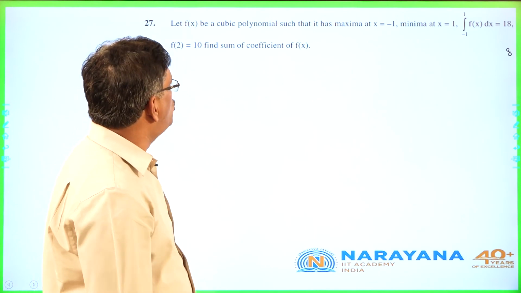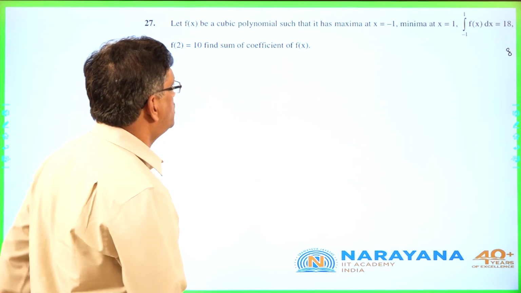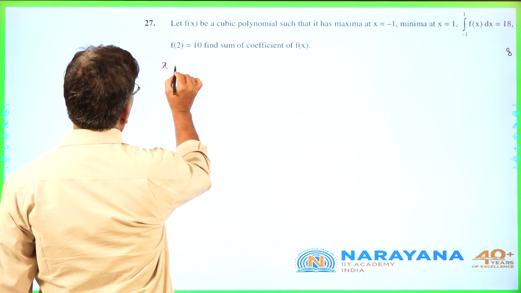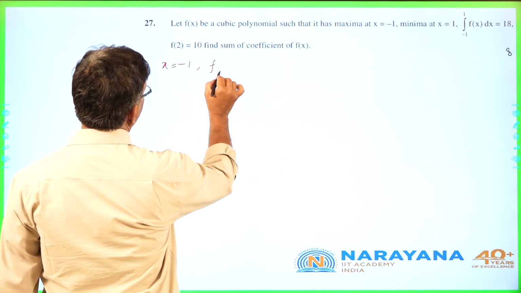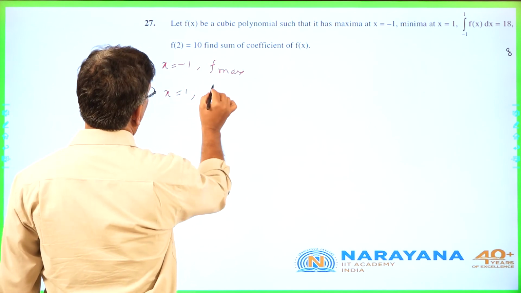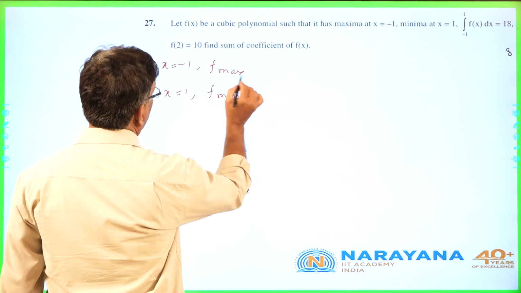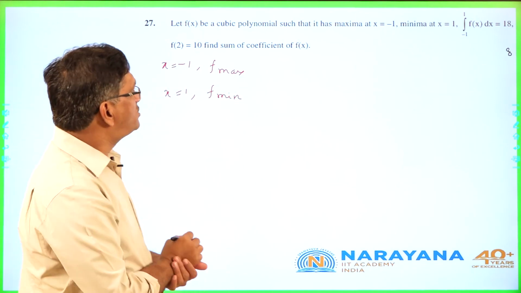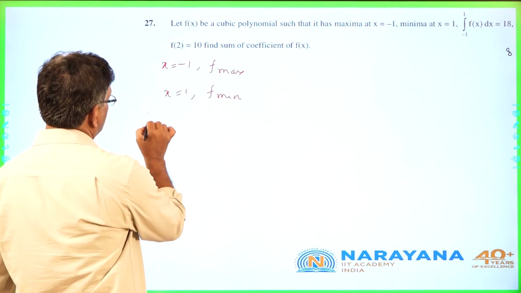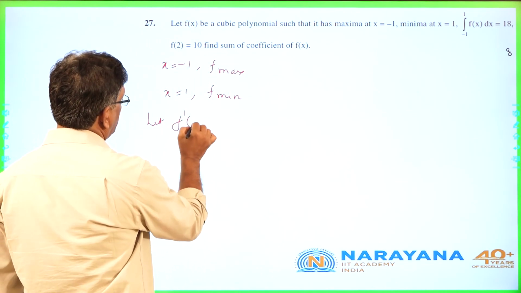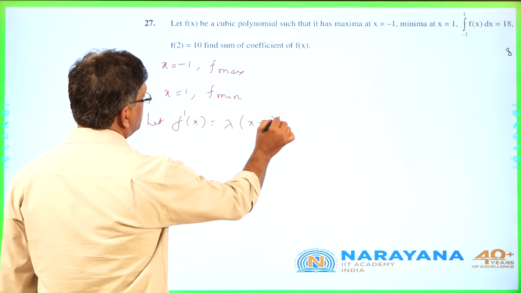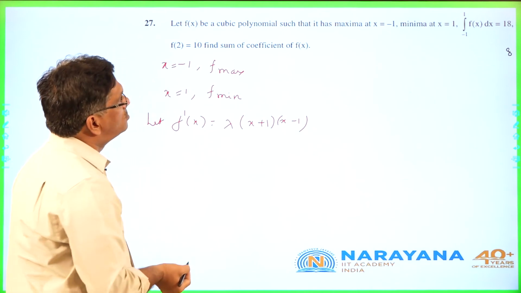f of x is a cubic polynomial such that it has a maximum at x equals minus 1. At x equals minus 1, f is maximum. At x equals 1, f is minimum. So f of x is a cubic polynomial, right? f dash x, let f dash x be some lambda times these roots.